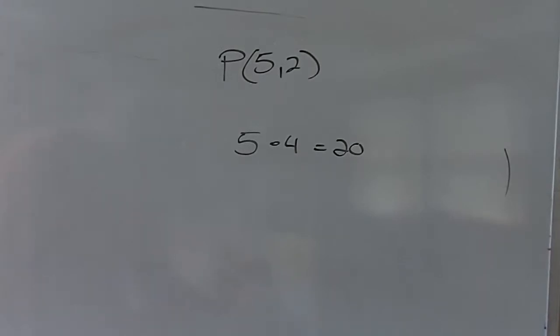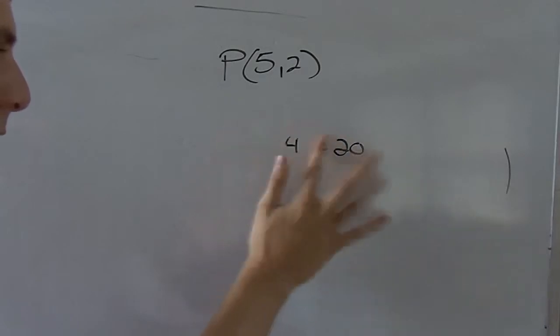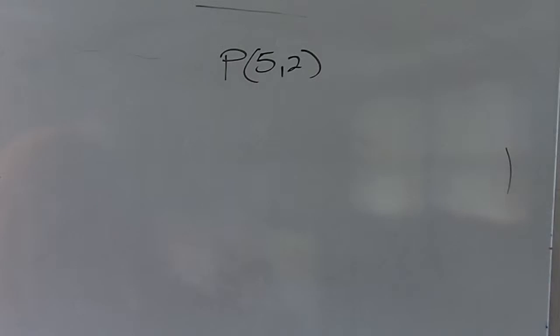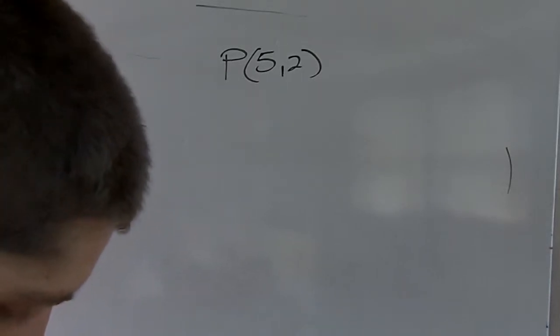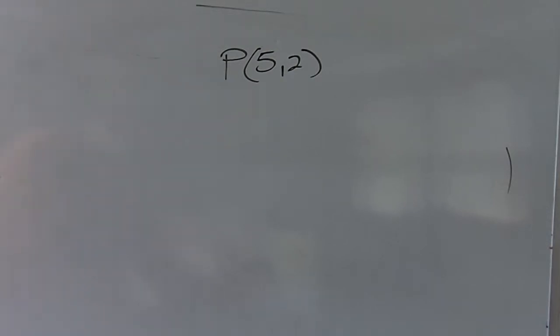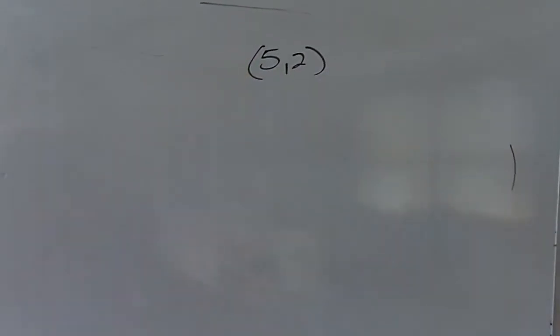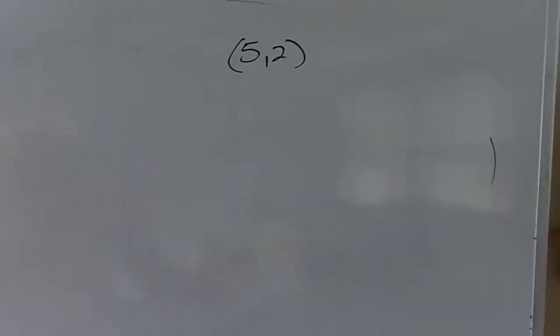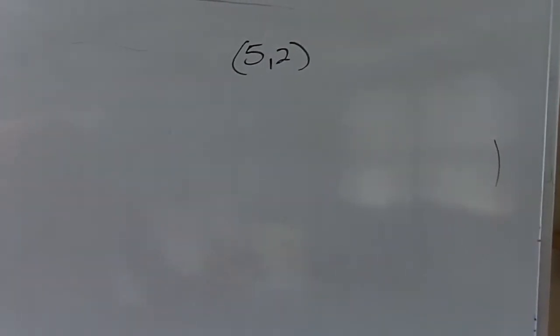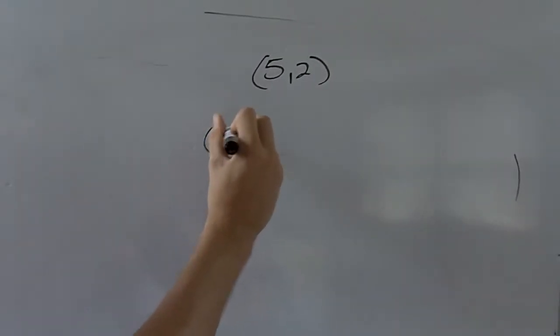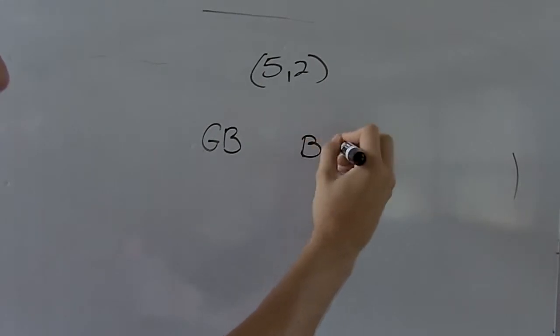Now, with a combination, we talked about how in a combination, order doesn't matter. So the example we gave last time was if you were trying to choose colors for your school flag, and let's say one person chose green and blue for the school flag colors, another person chose blue and green.